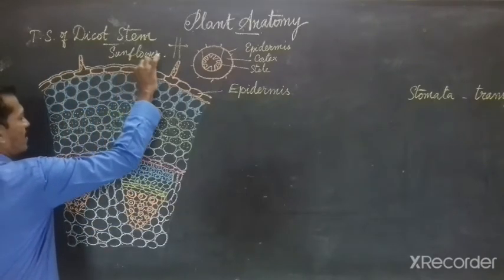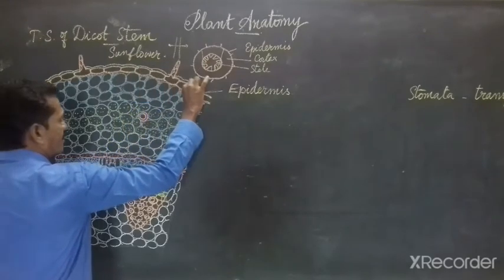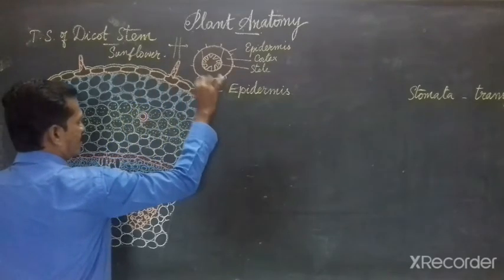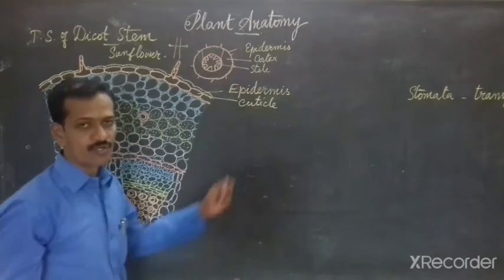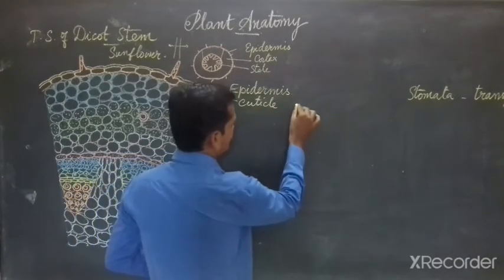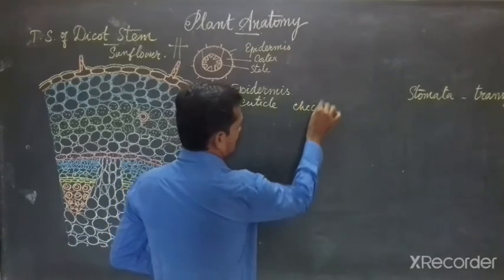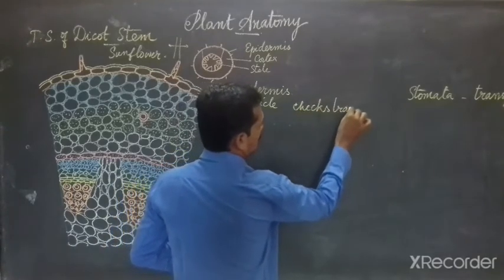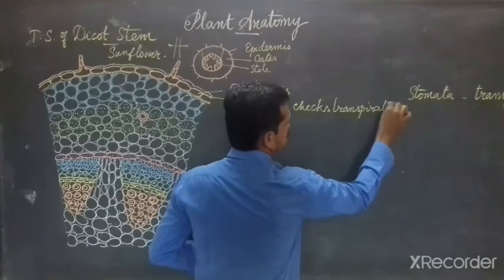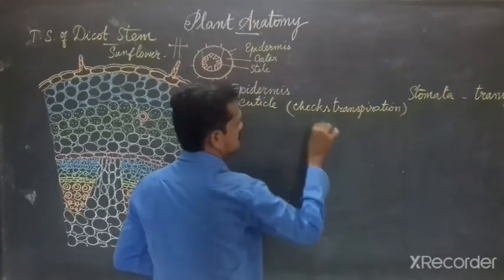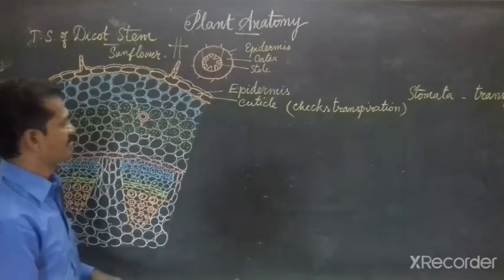The epidermis is covered by a thin layer. This layer is the cuticle. Cuticle checks transpiration.